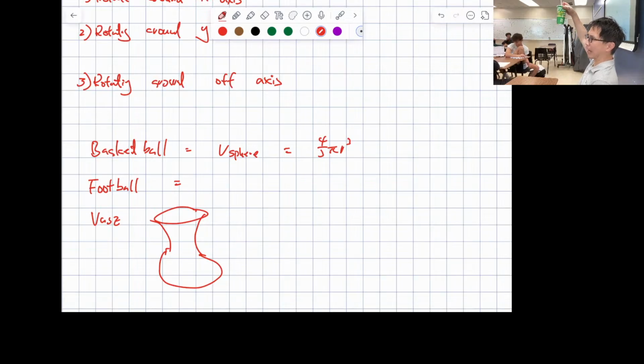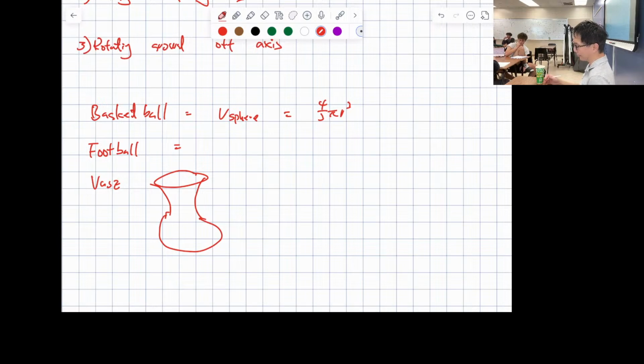This one's not too bad. I can figure it out using the average of the radius and draw a uniform cylinder. If the radius is 5 here and 10 there, the radius in the middle is probably 7.5. And I use 7.5 to average. So using the idea of an isosceles trapezoid to find the cylinder of this, which is not too bad.